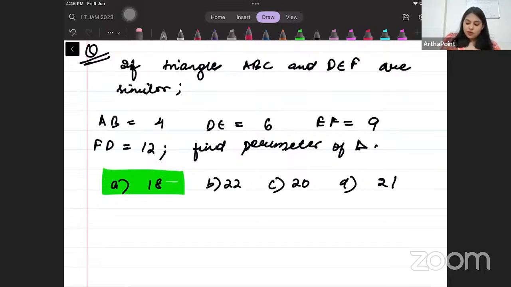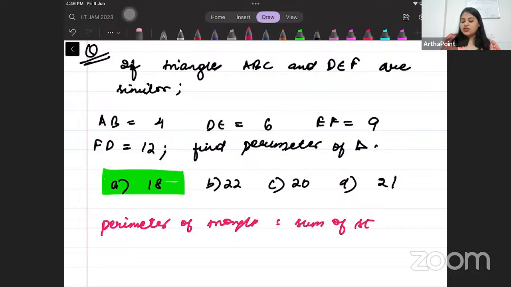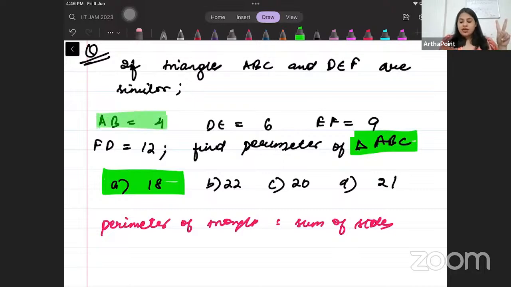And I'm giving you the formula for perimeter of triangle. It is nothing but the sum of sides. Perimeter of which triangle? Triangle ABC. Find the perimeter of triangle ABC. So AB you know. BC and AC you don't know.